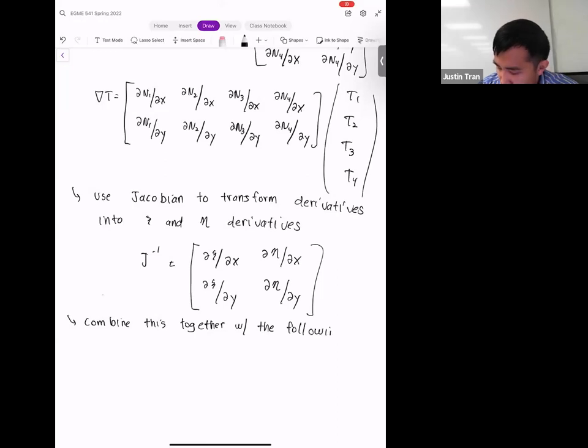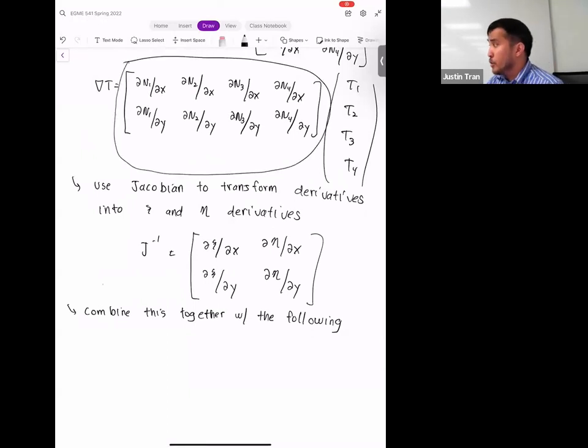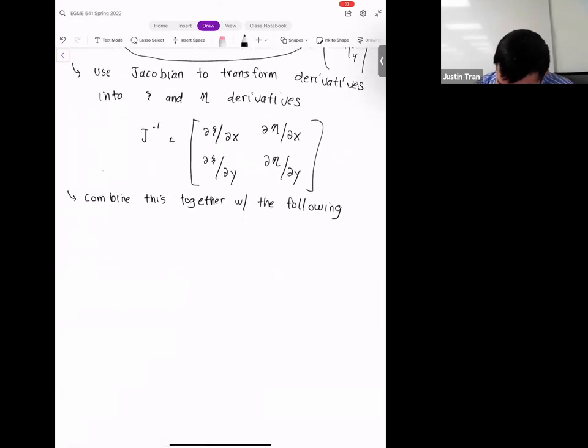Let me just do it for gradient of T, but you can imagine the same thing taking place for the gradient of w as well. Let me write the same gradient matrix, but take all the derivatives with respect to epsilon and eta instead.